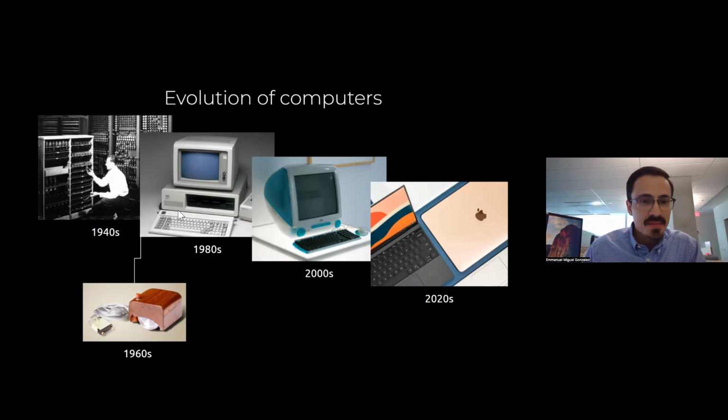And here we see something vastly different from the G3. This is no longer a computer that you have to sit on your desk with. This is a mobile computer that you can either sit on a desk and interact with, or you can take it with you as you travel. These are super thin machines. And as we can see here, this looks vastly different from what we saw in the 1940s.